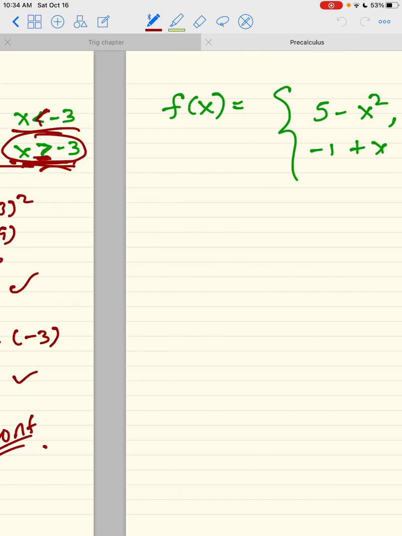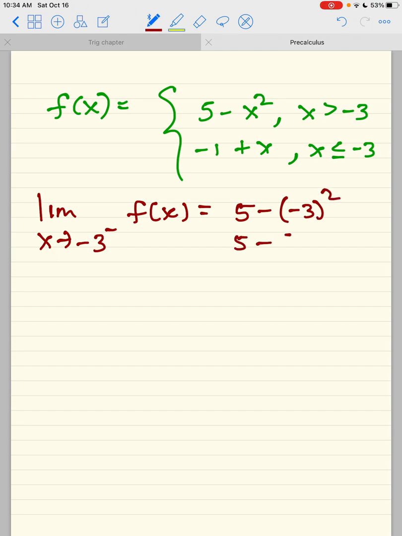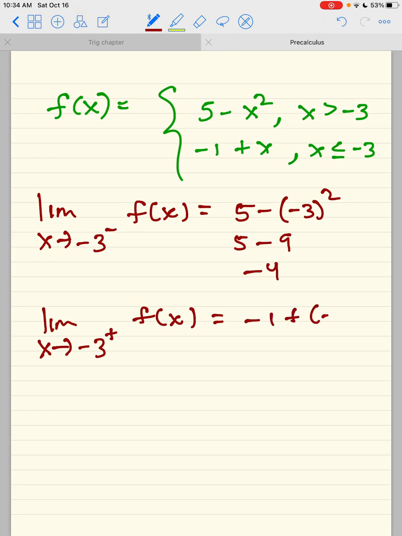Okay? So next one, let's do this. The limit as x approaches -3 from the left, 5 minus -3 squared, 5 minus, you get -4. The limit as x approaches -3 from the right is going to be -1 plus a -3. So that's -4.